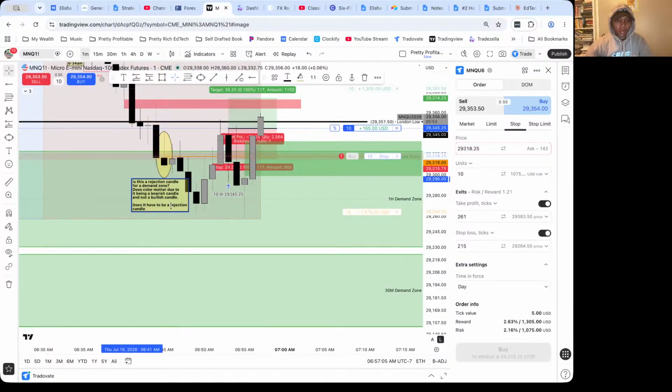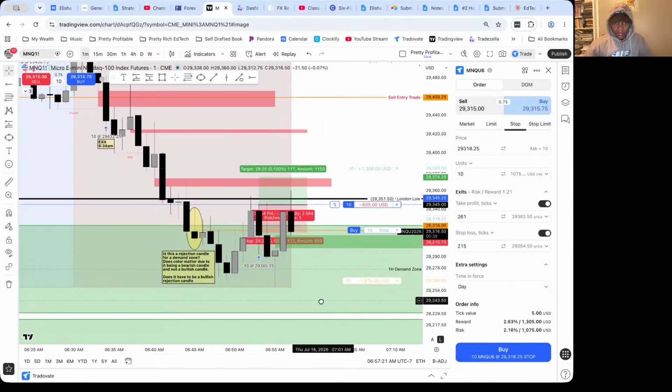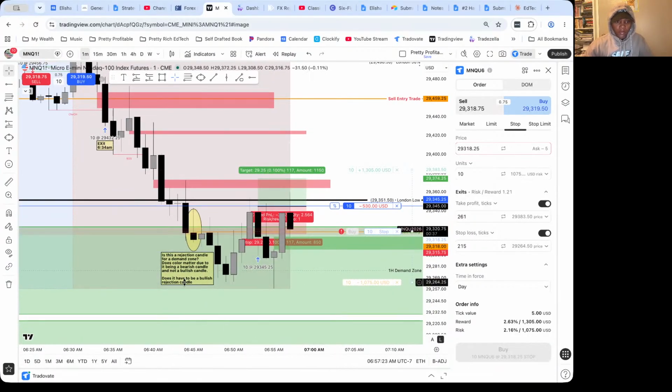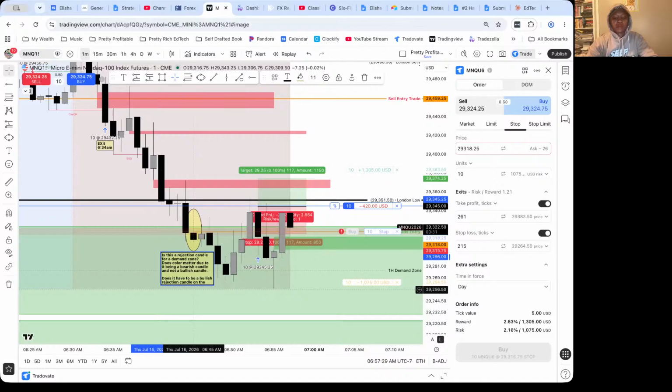Does it have to be a bullish rejection candle? I'm saying it, y'all. I'm watching this as I'm typing that.